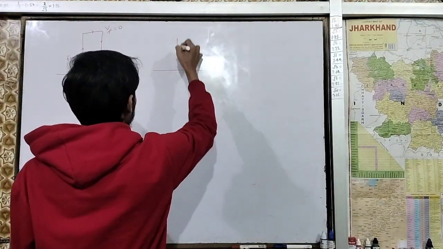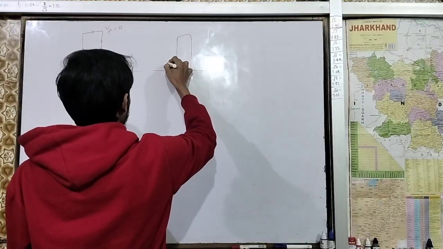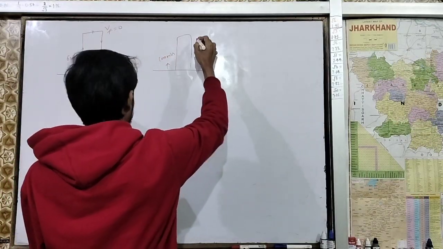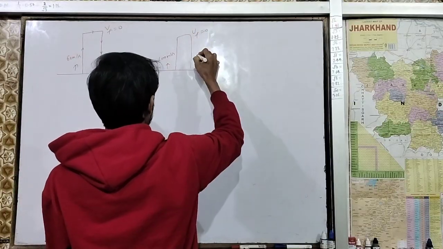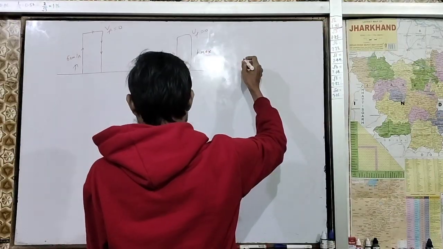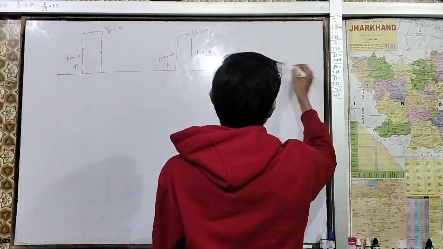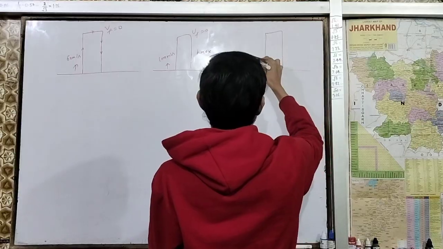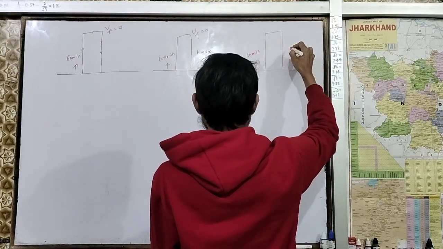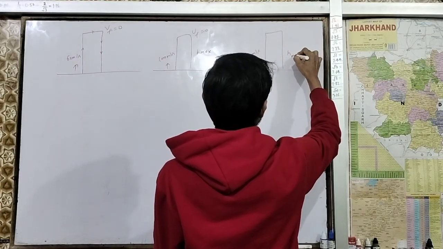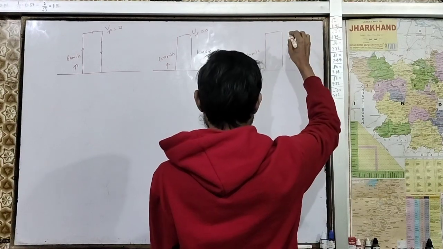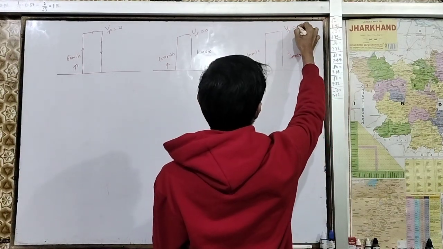Next we have this one: initial is 100, VF is 0, H max. And then initial is 40 meter per second, H max is this much, VF is 0.